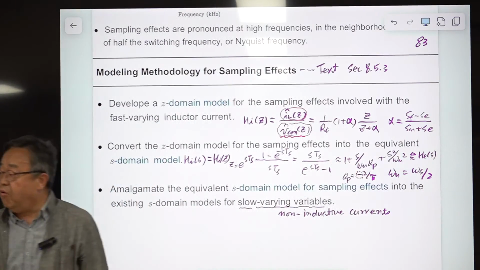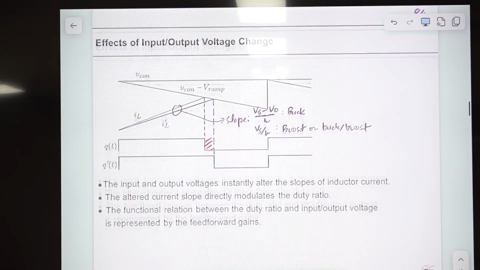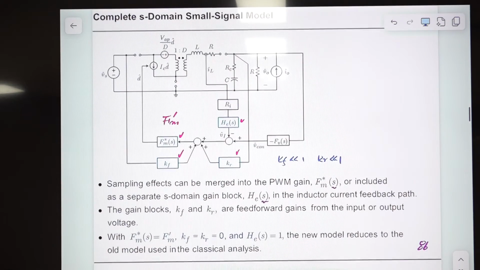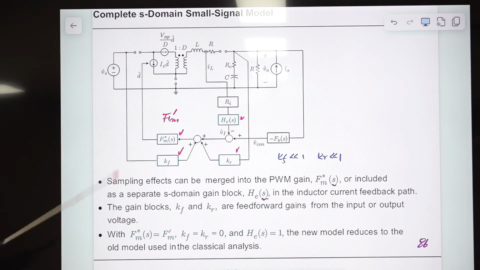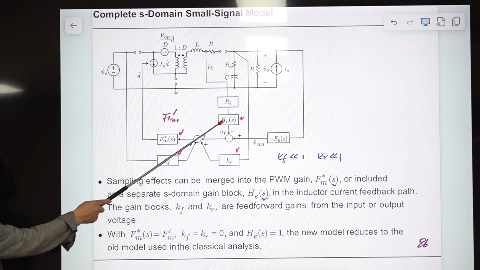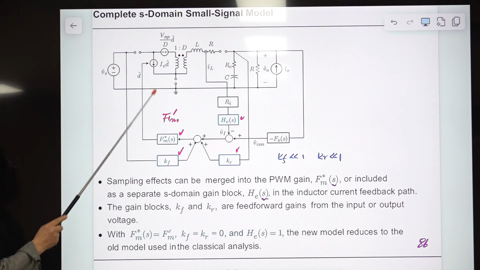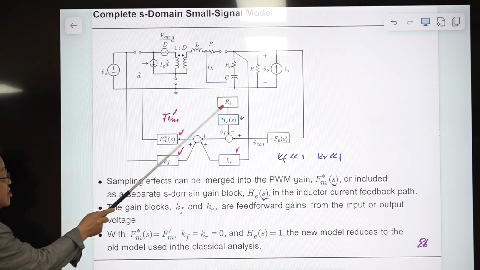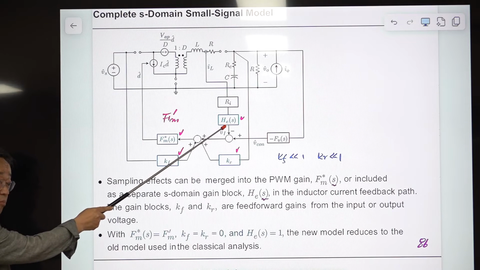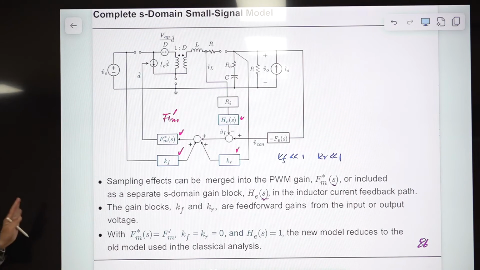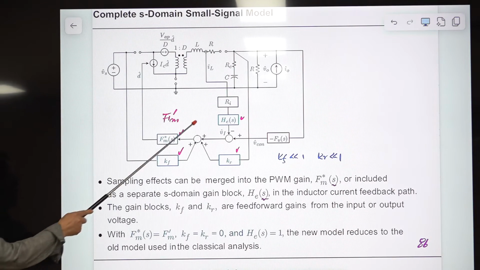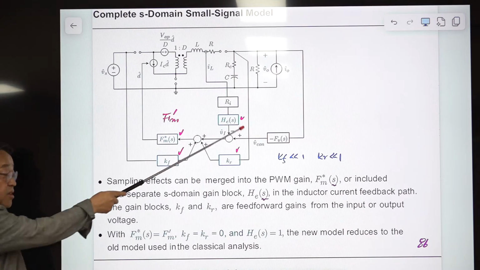Sometimes the frequency dependence term comes here and this one becomes constant, or this one becomes constant and this one becomes the frequency dependent term. The model we're going to use is one developed by Lidley. In his model, this is constant and this is a frequency dependent term.